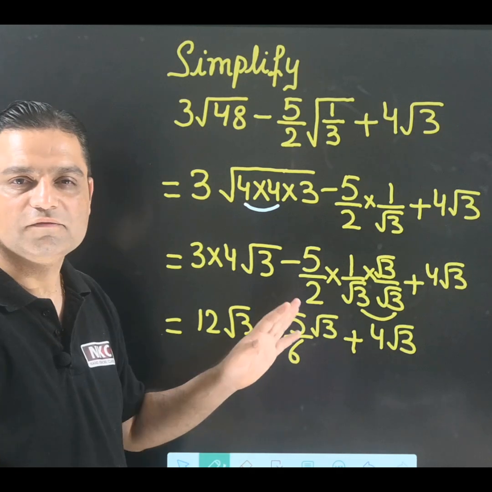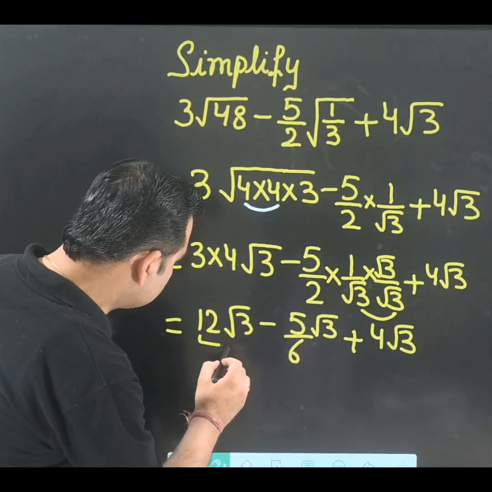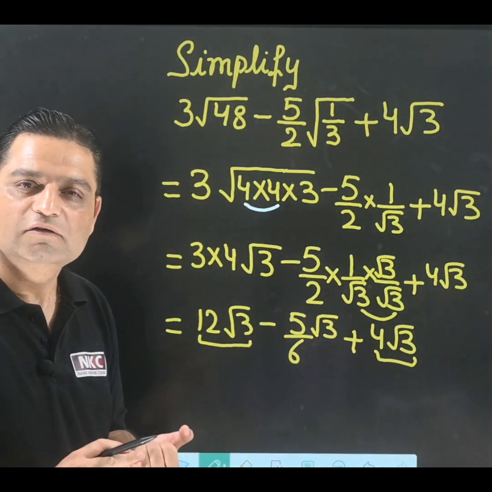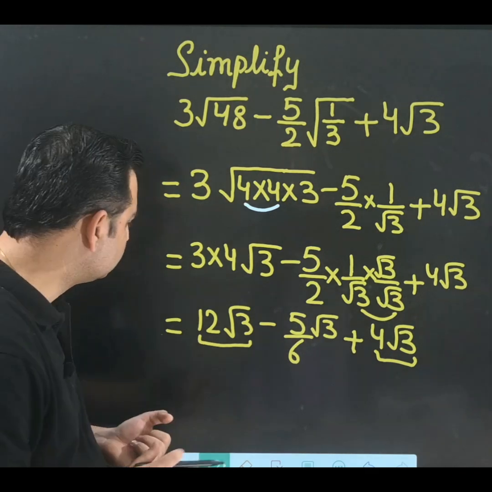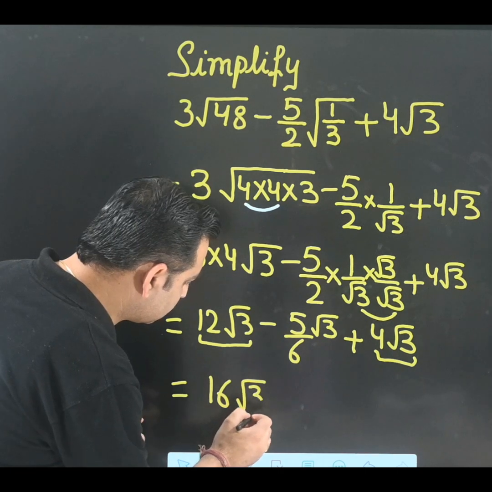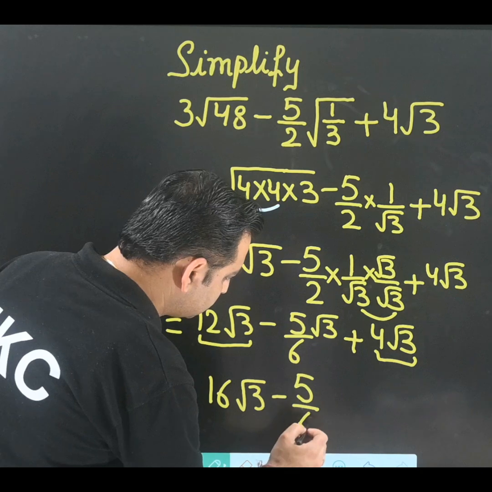This is what we have right now. Now this is 12 root 3 and this is 4 root 3. 12 plus 4 is 16. So we will have 16 root 3 minus 5 upon 6 root 3.